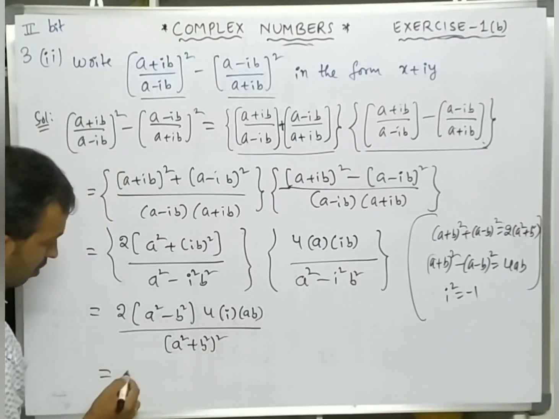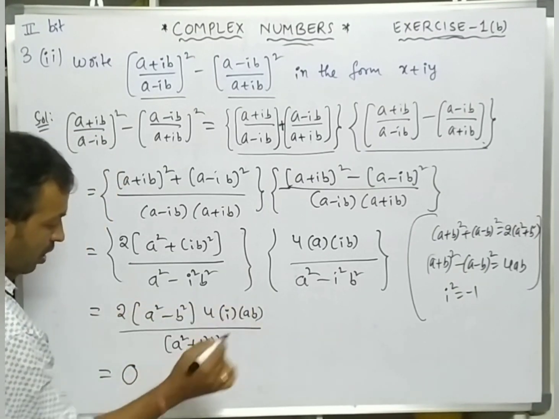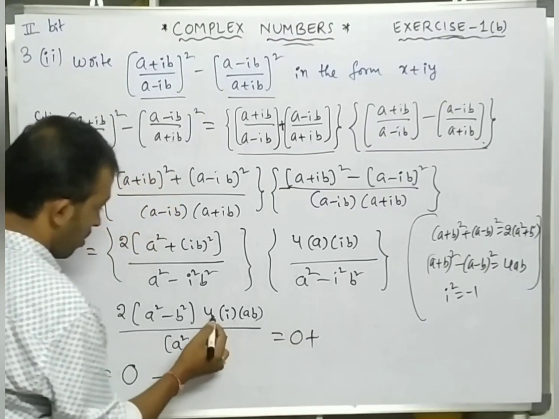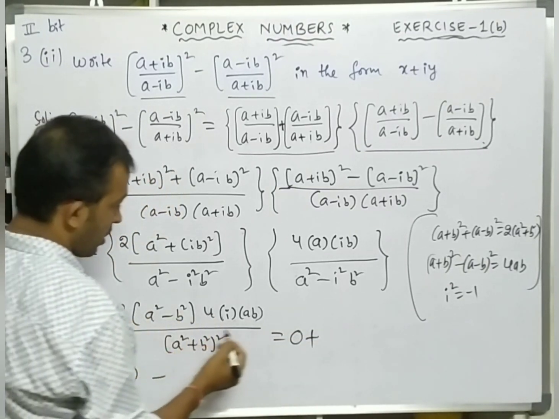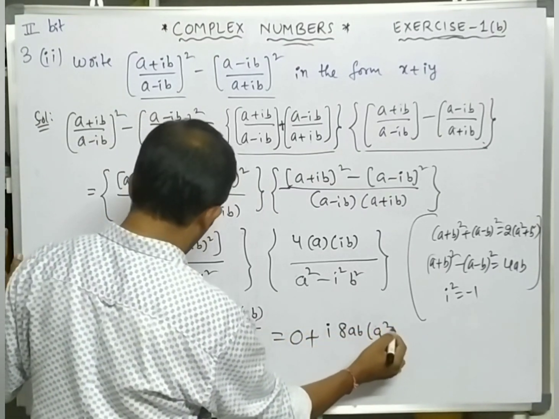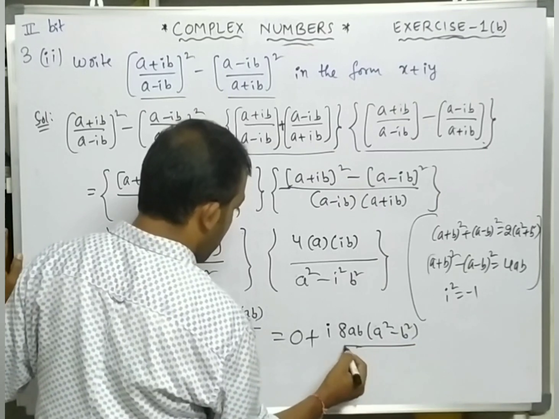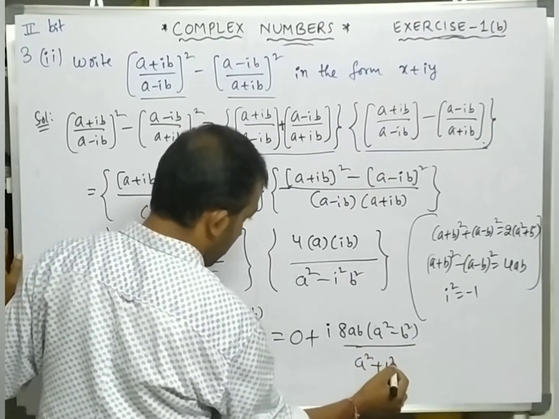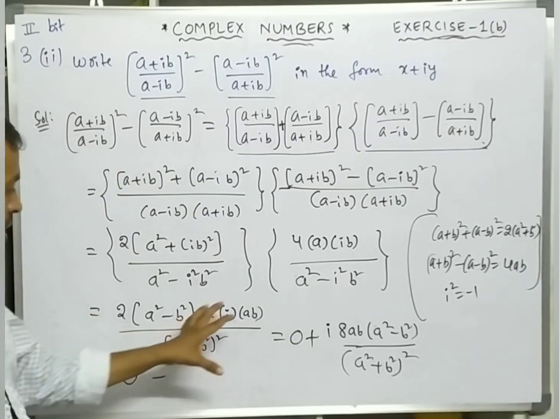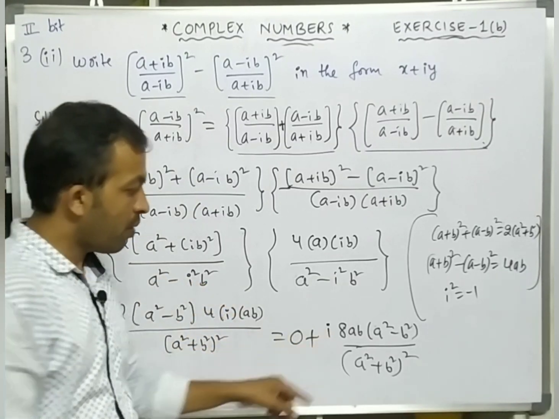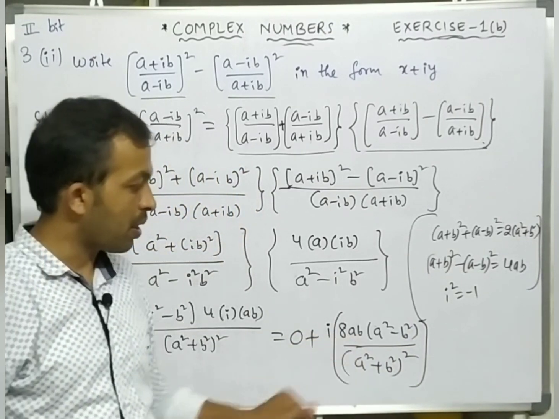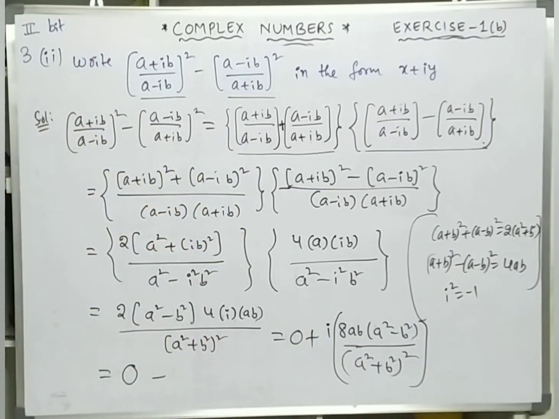So which is equal to, here there is no real part, only imaginary part: 0 plus 4 twos are 8 i into 8ab into a square minus b square by a square plus b square whole square. So this is only one term, right? We only have an imaginary part, there is no real part. So this is the a plus ib form of the given question.